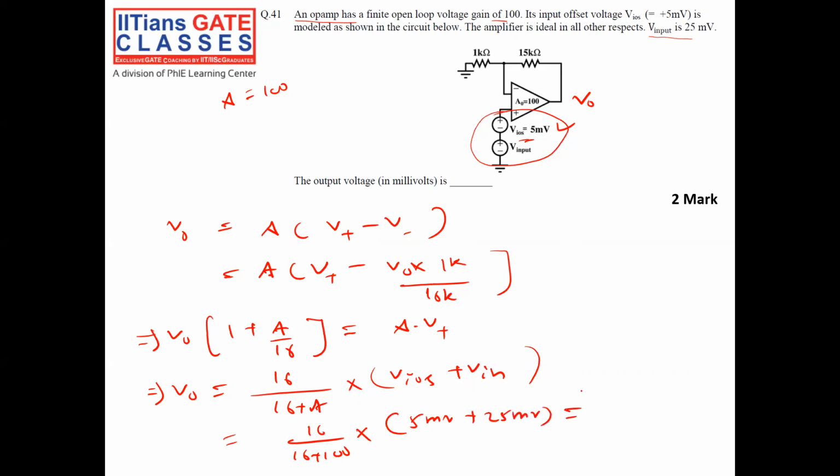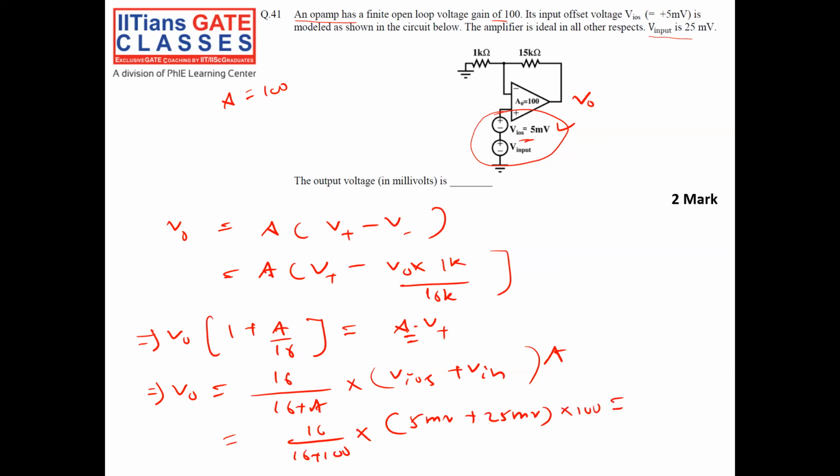So let's calculate the answer. 16 divided by 116 into 30 millivolt, 30 into 10 power of minus 3. Okay. Into A. A is there here, see this A is there. So here you have to multiply by A because A should be there. Okay. A is 100.